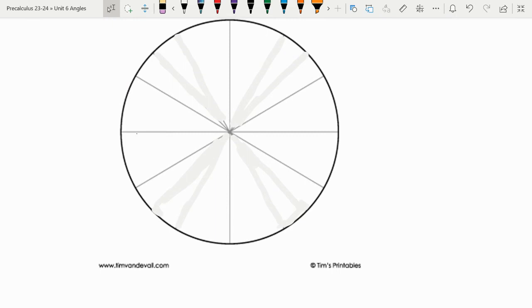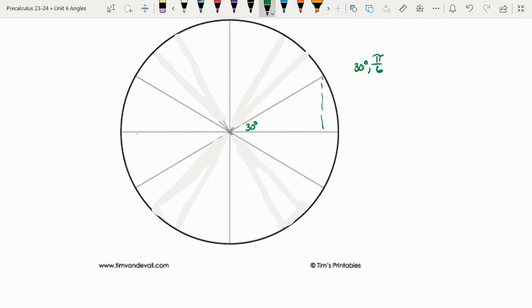What orientation does this one look like? What is this angle right here? This one's going to be 30 degrees. So this is 30 degrees. And what would the radian measure of 30 degrees be? 180 divided by 30 is 6.